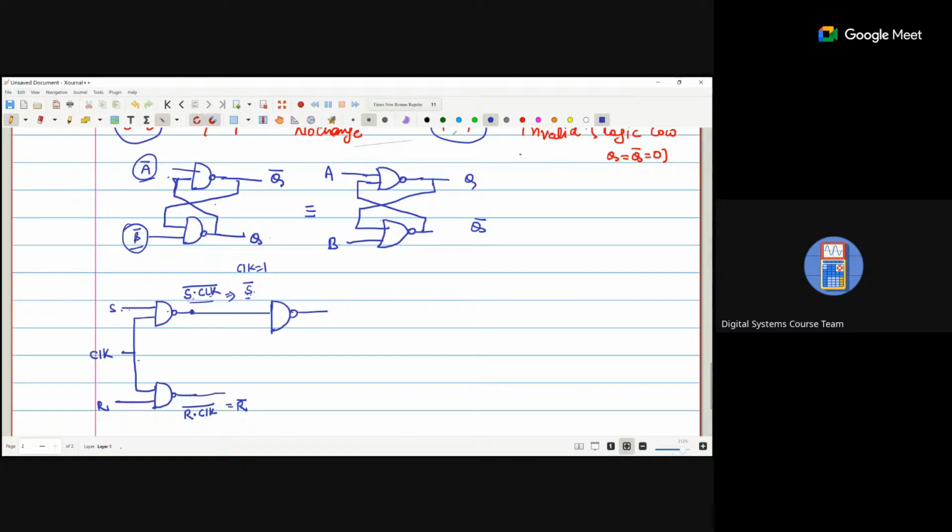So one is this one. Clock pulse. Q. Now what is my table?